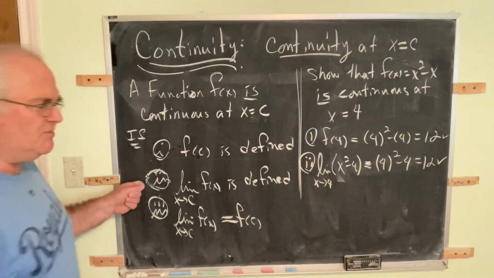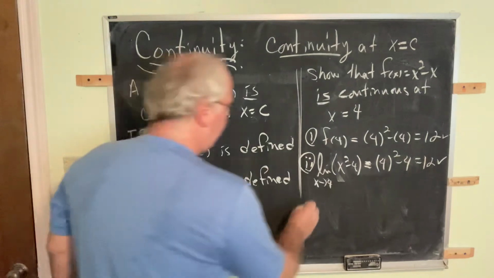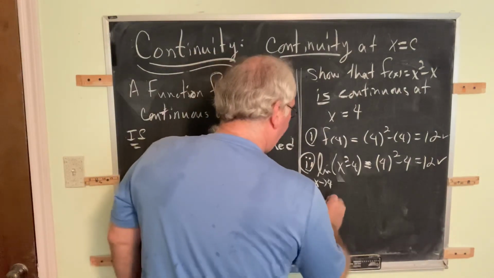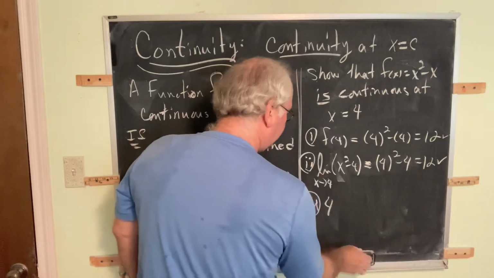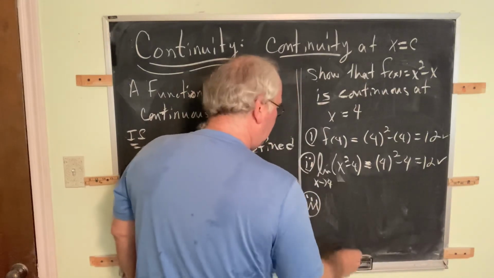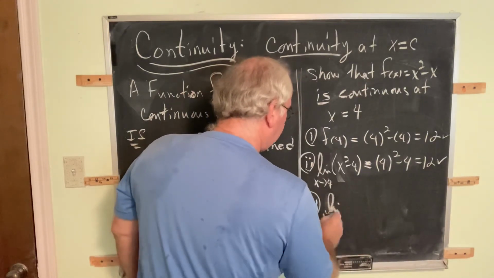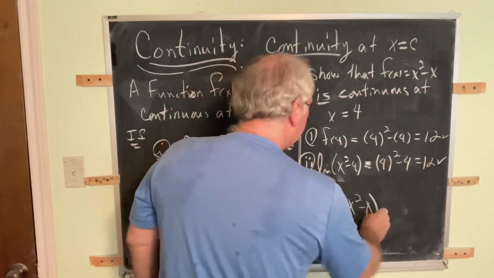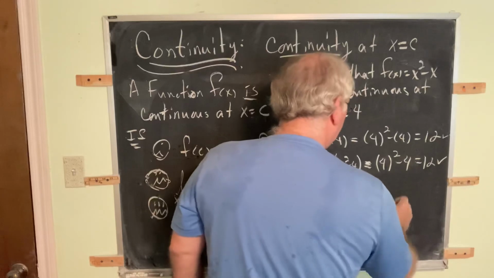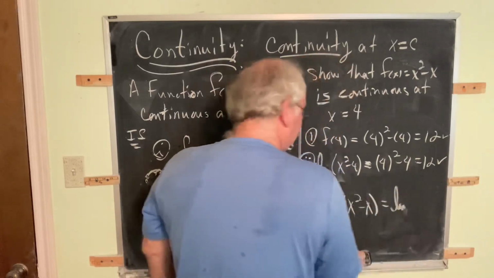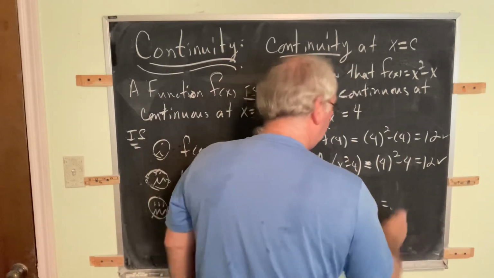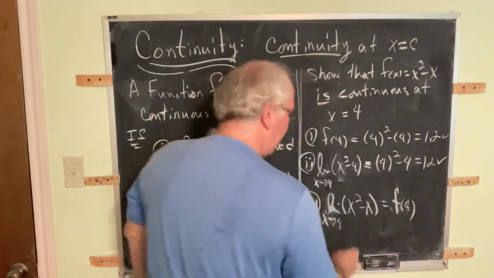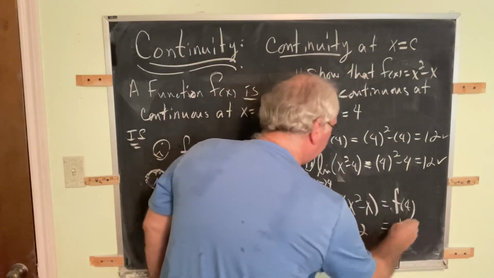So, condition number 2 has been met. And then number 3. The limit as x approaches 4 of x squared minus x is equal to the function value. Yes, 12 is equal to 12.